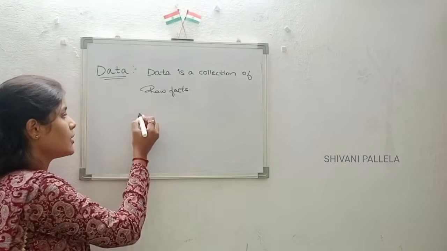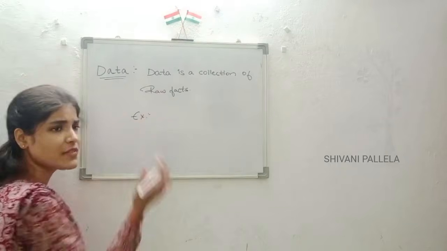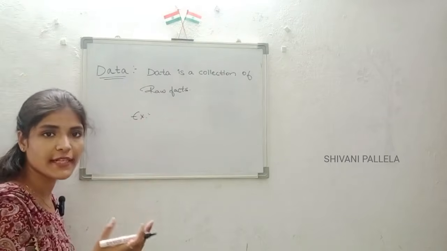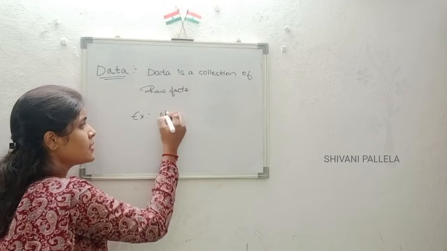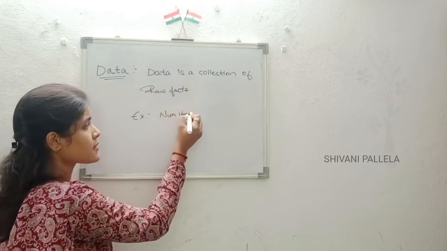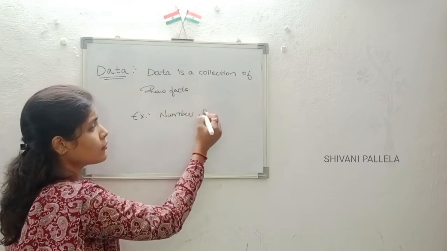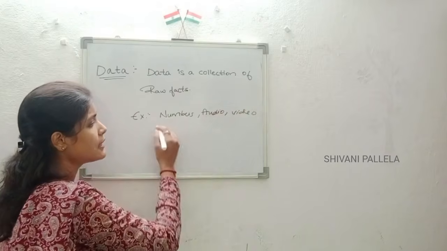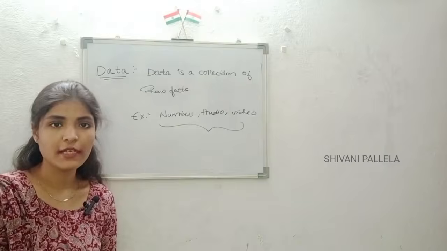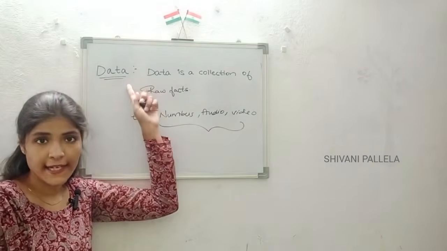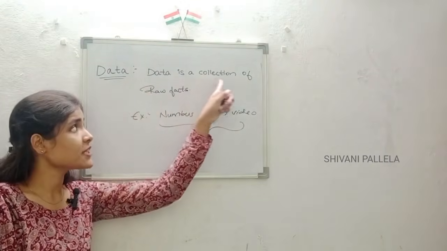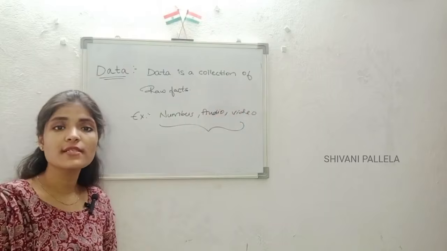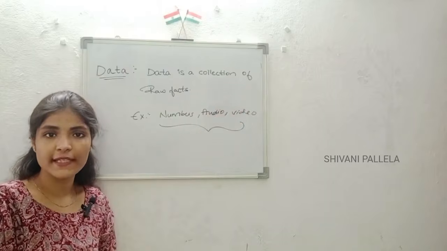For example, data means information. Whatever information we are getting, that is called data, like numbers. In data we will use numbers, audio, video, etc. These are all the raw facts which we are collecting, which is also called data. Data is a collection of raw facts which is recorded in real world entities.